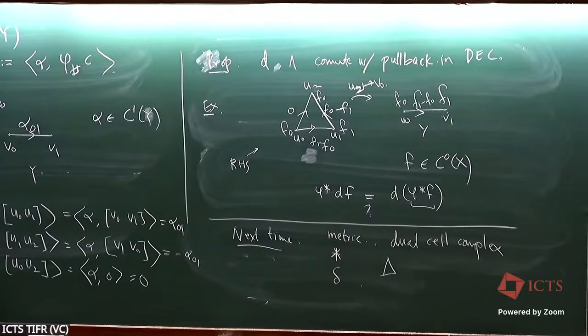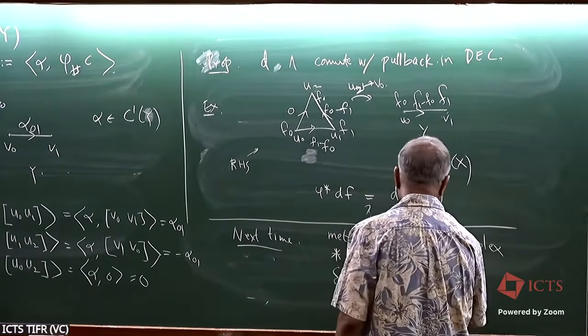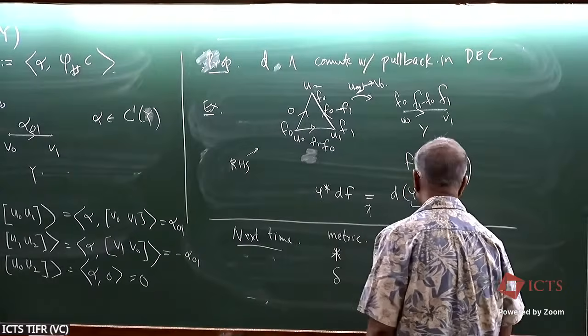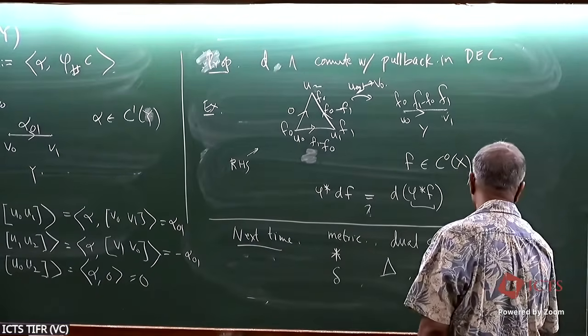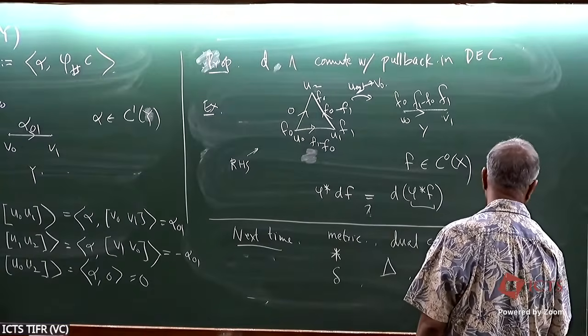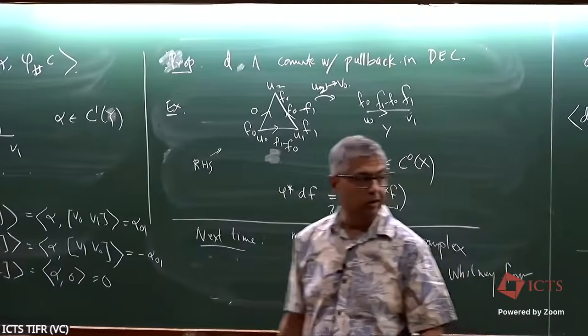So we will try to see some of that in the last lecture. And so then I'll try to connect this to a mixed formulation of the Hodge Laplace problem in finite element exterior calculus. And I'll show you what Whitney forms are, because that's the shape functions which allow you to interpolate and compute errors.